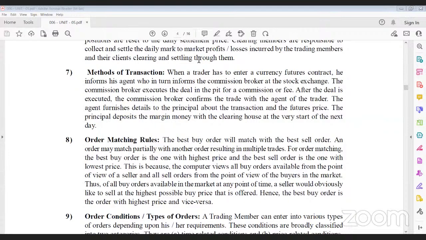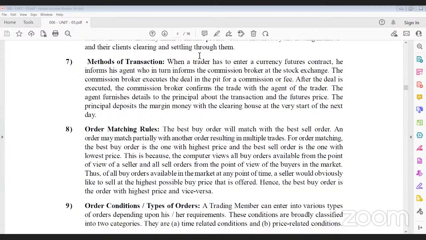After the deal is executed, the commission broker confirms the trade with the agent of the trader. With this, the principal deposits the margin money with the clearing house at the very start of the next day.